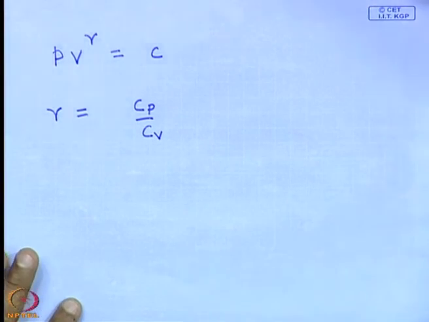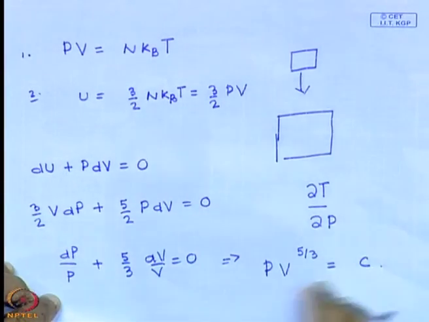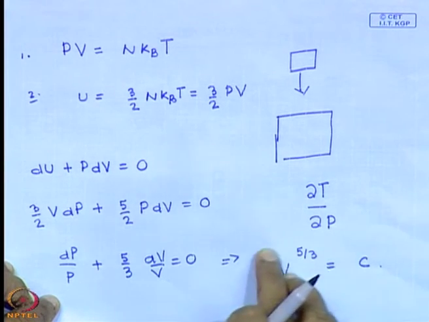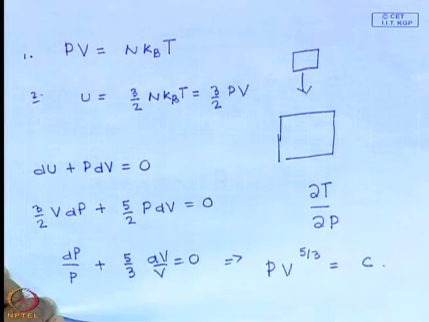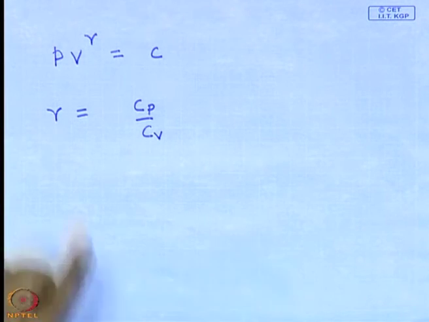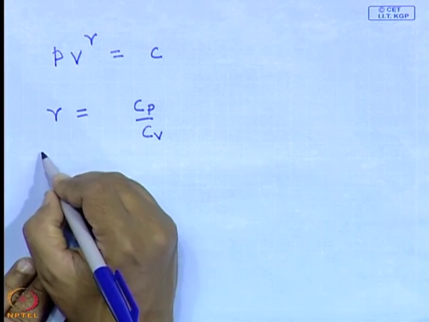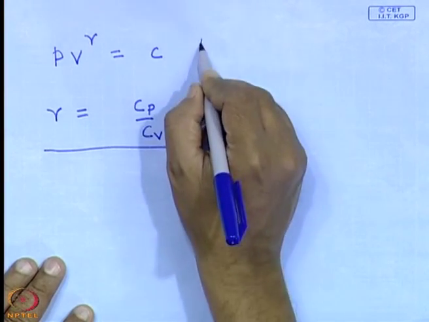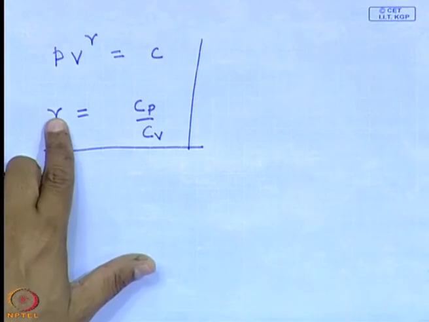And for an ideal gas, we have this, monoatomic ideal gas, single particles. This is in general for a general adiabatic transformation, and this is called the adiabatic index gamma.